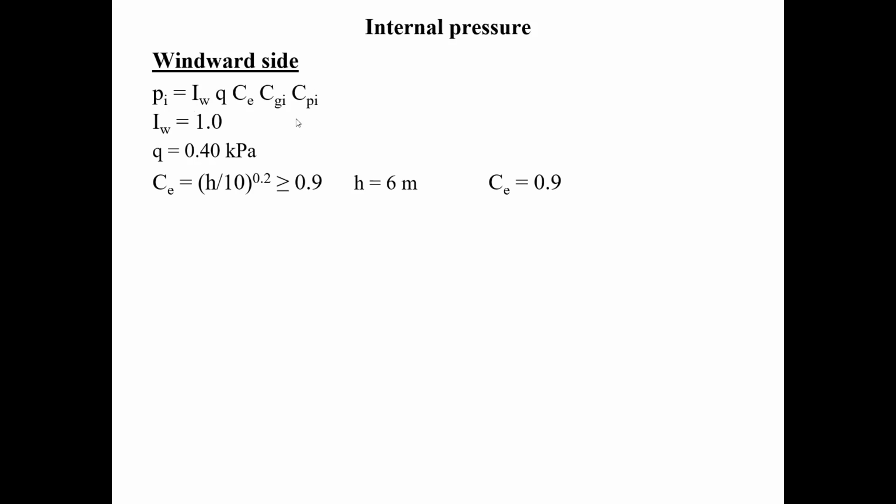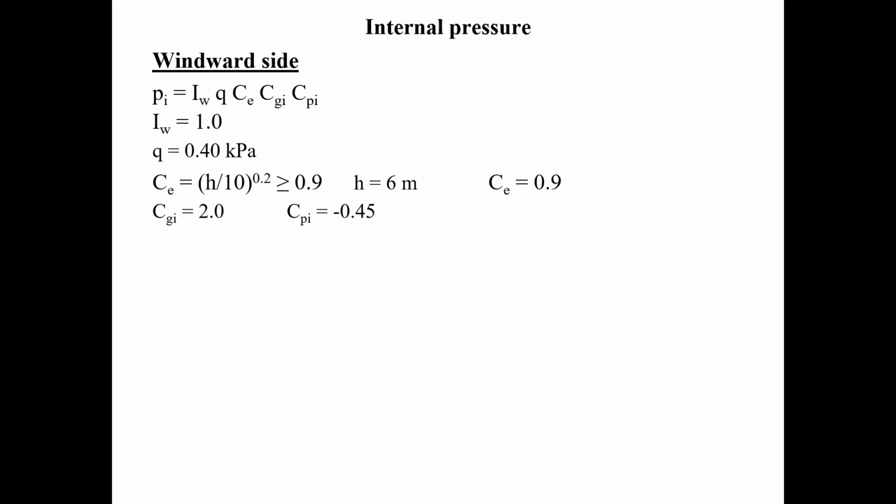I don't want to get into too much detail, but this is the value that they recommend if you're going to have openings, and of course we're going to have windows. And this is the internal pressure coefficient they recommend for the windward side, in other words minus 0.45 when you have openings.